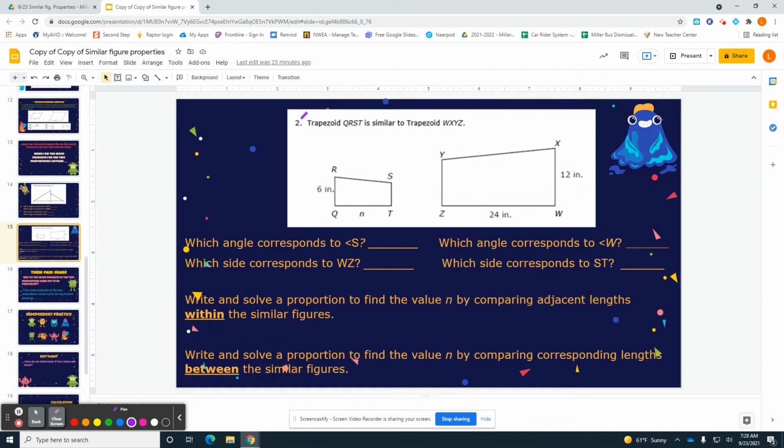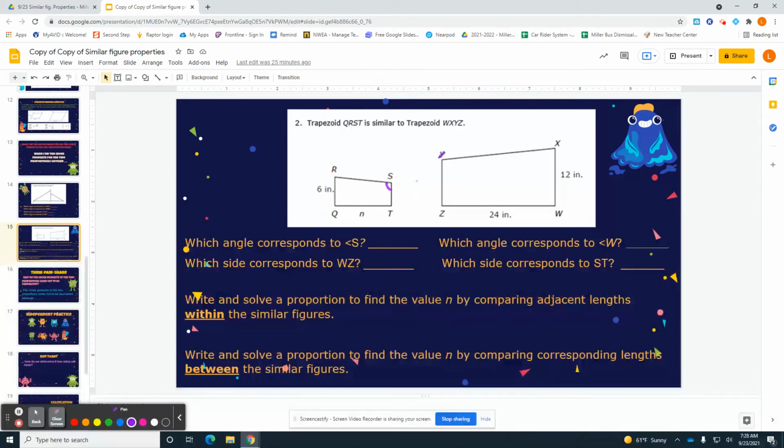So now, this example says trapezoid QRST is similar to trapezoid WXYZ. It asks which angle corresponds to angle S? So we're looking at angle S. Which one is going to correspond to angle S? Is it X? No, it's not going to be X. Look at your shapes. Are they facing the same direction?